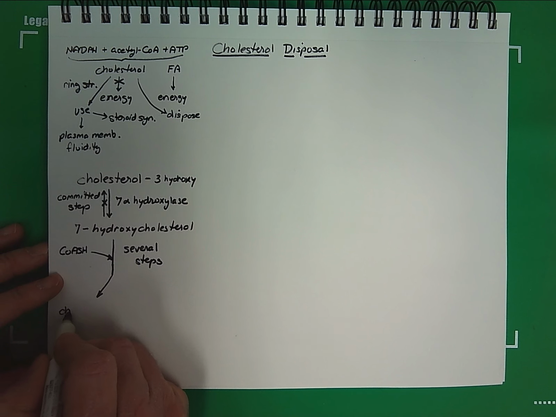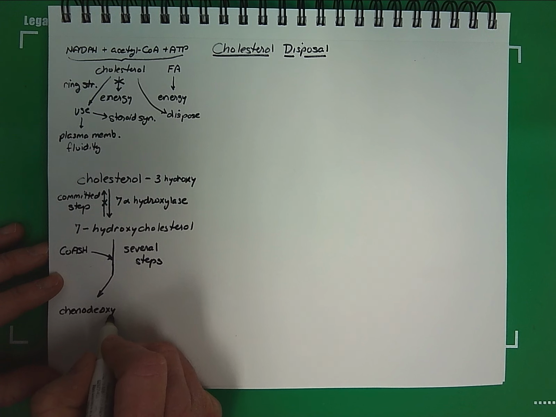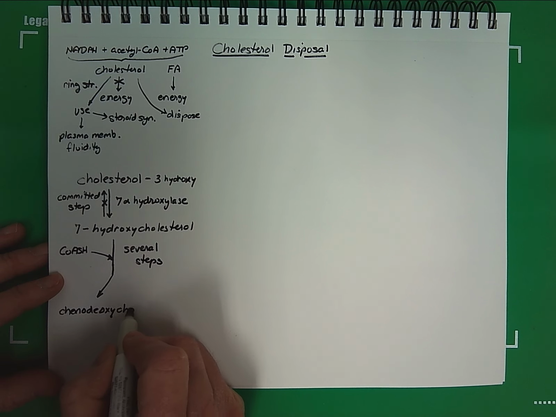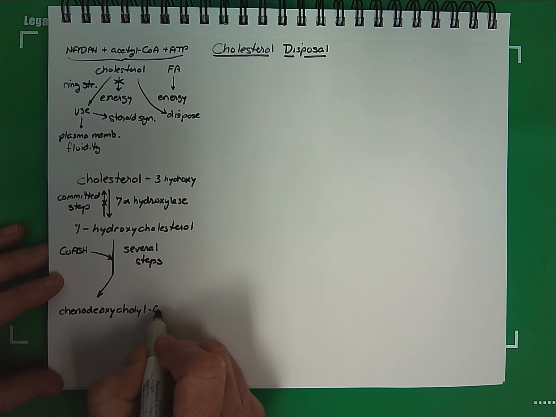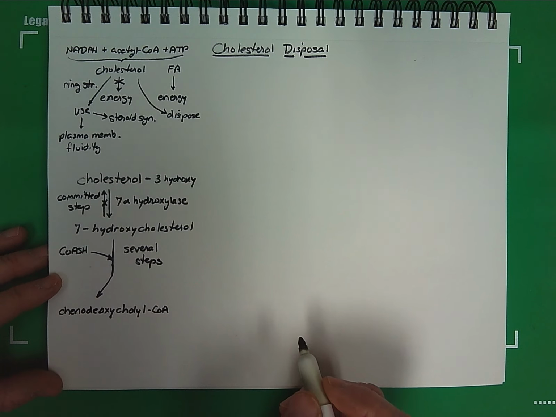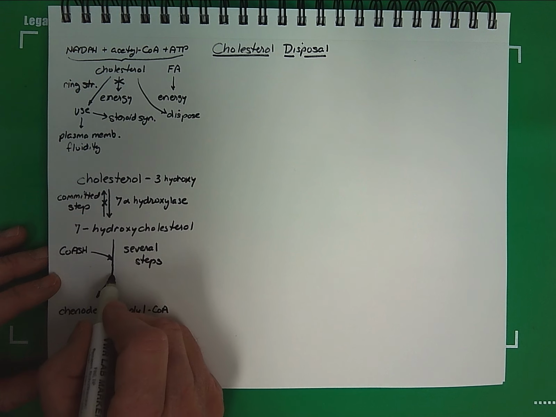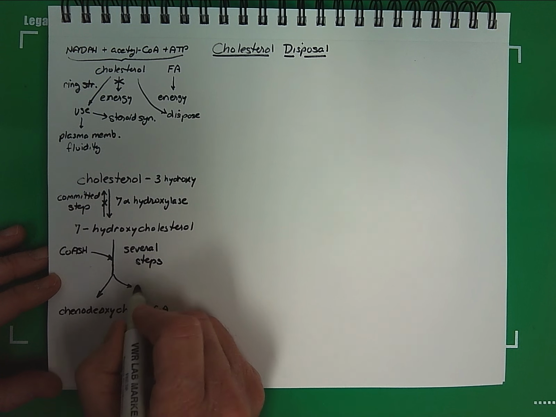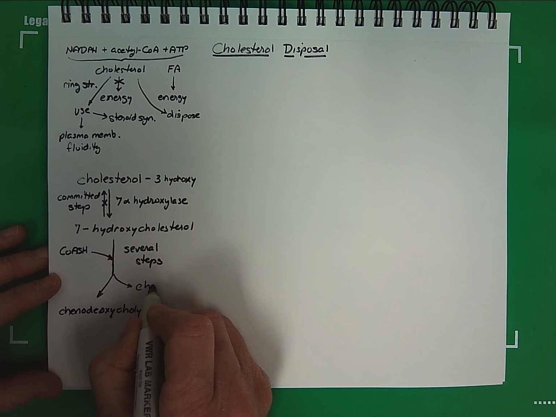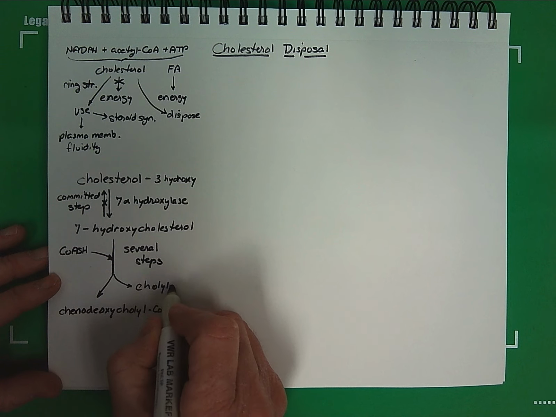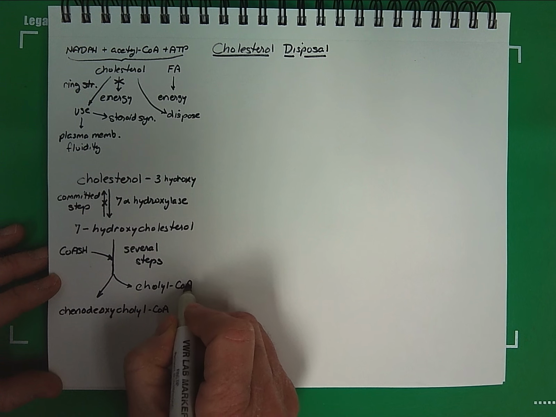One is called chenodeoxycholyl-CoA, and the other one we're forming is cholyl-CoA.